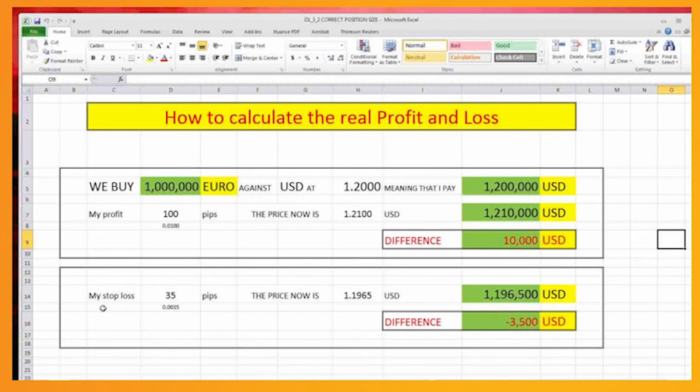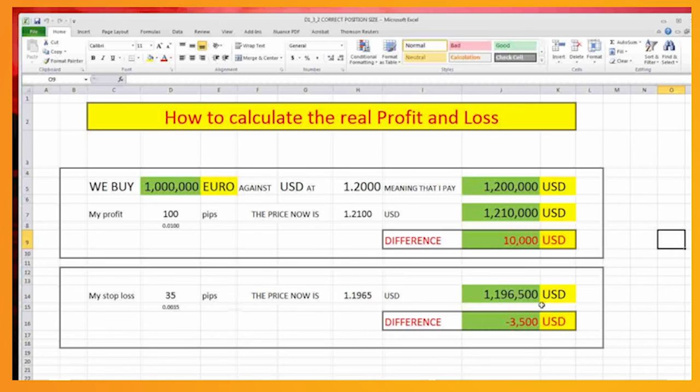If you put a stop loss of 35 pips, which I recommend as standard using the system, and I hit my 35 pips stop, that means I'm going to give back the 1 million and take $1,196,500. That means I'm losing $3,500.